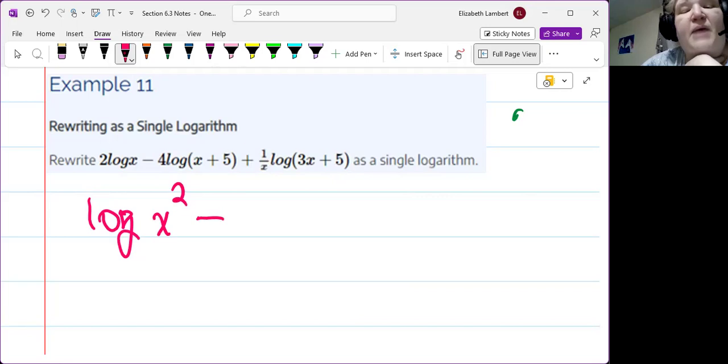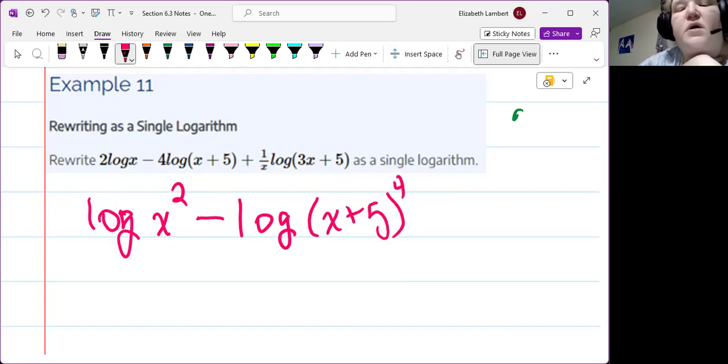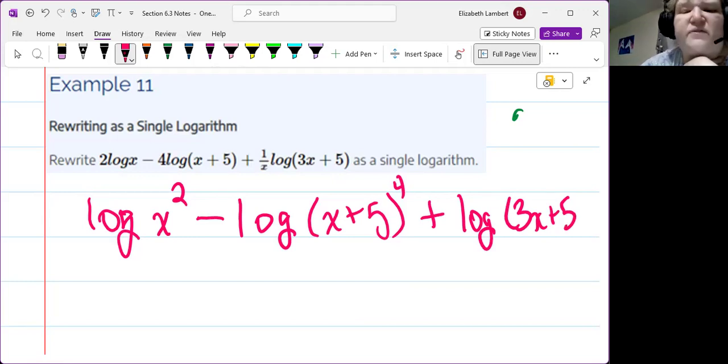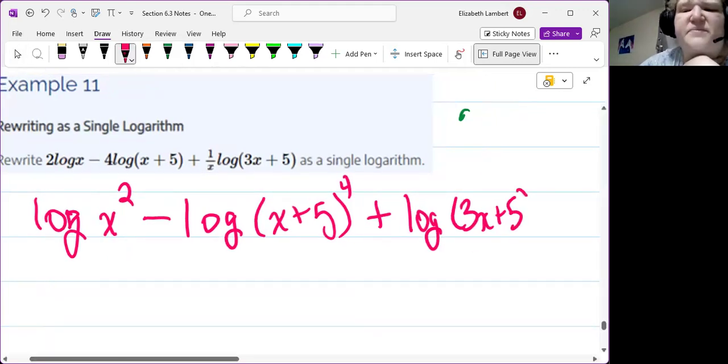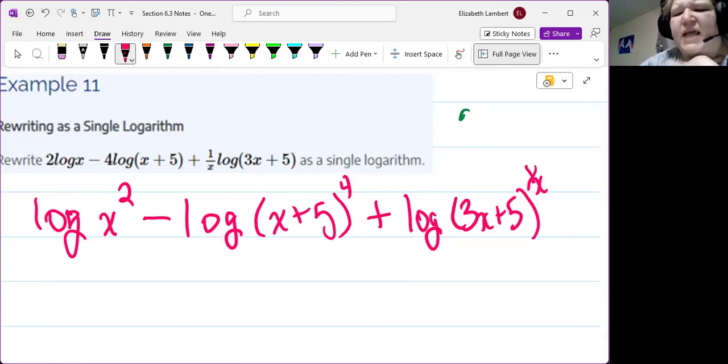I'm going to leave the minus and just write this as the log of x plus 5 to the fourth plus the log of 3x plus 5 to the 1 over x power. And if you want to put some parentheses around the 1 over x, that's fine.